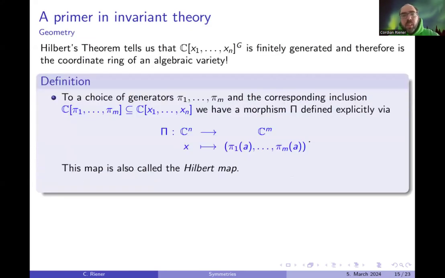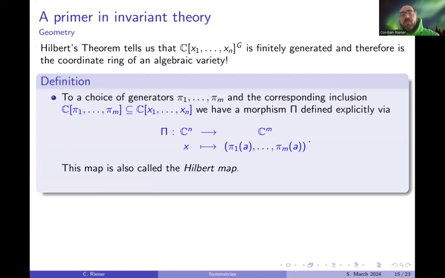Okay, so I also wanted to give a nice connection to geometry, which will be important tomorrow, or on Thursday. If I take those generators, so I have m polynomials, my invariants, m generators, then I can look at a very interesting polynomial map.